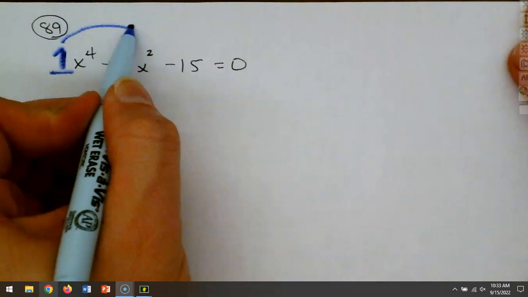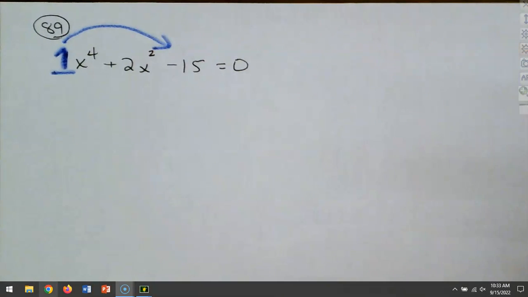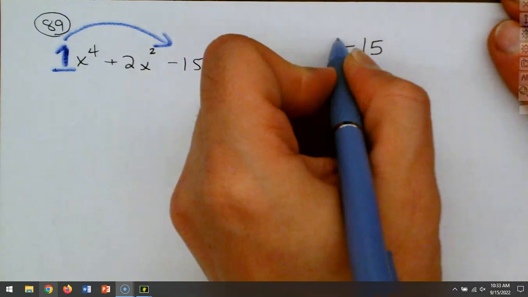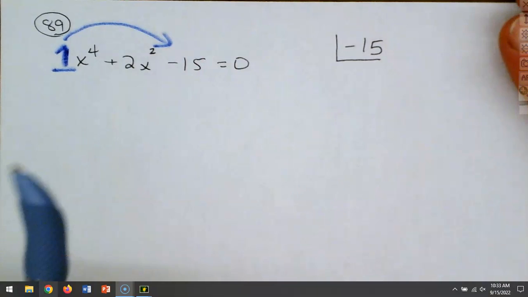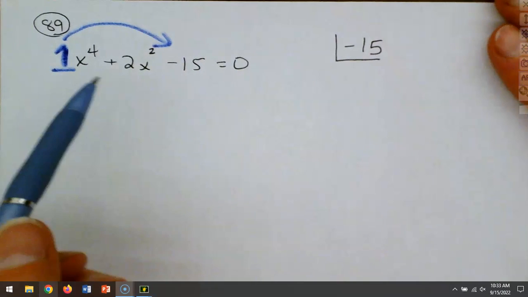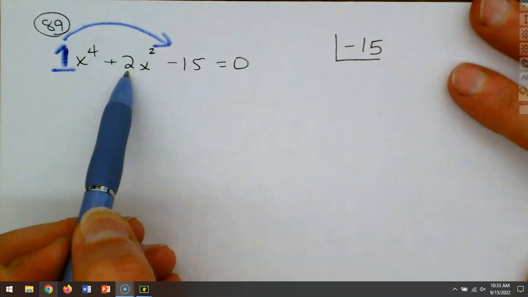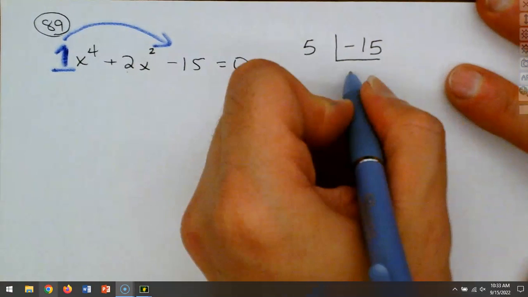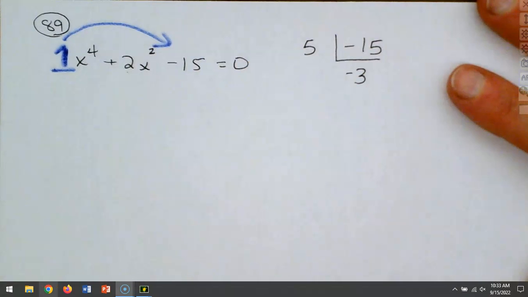So we take our first times our last. And the first times the last is a negative 15. Can someone tell me what two numbers are going to work here? Give me the 2 in the middle. Yep. We need a positive 5, right? And we need a negative 3, don't we?